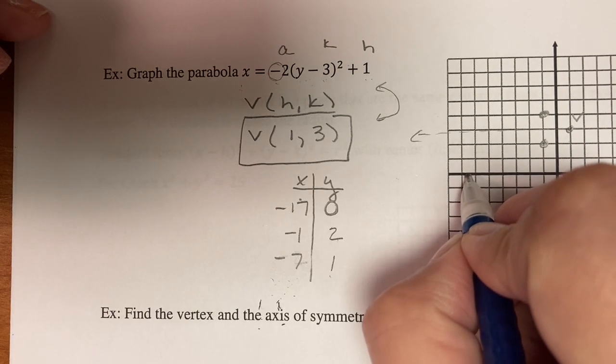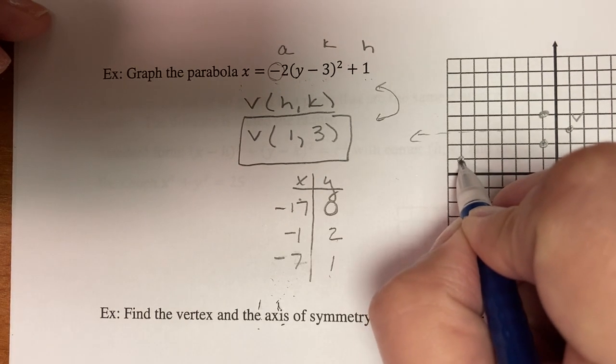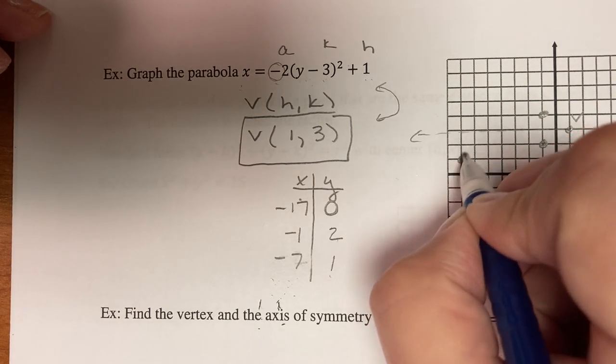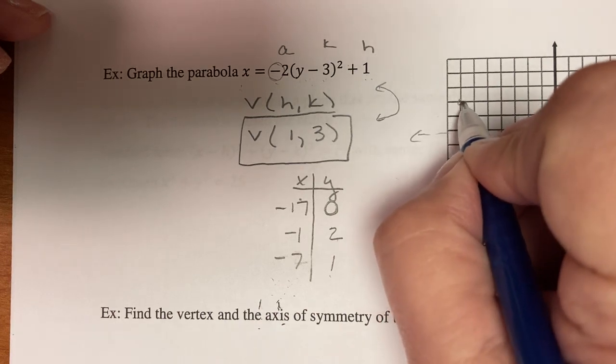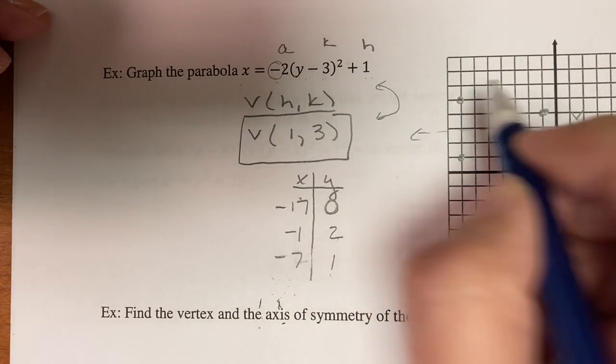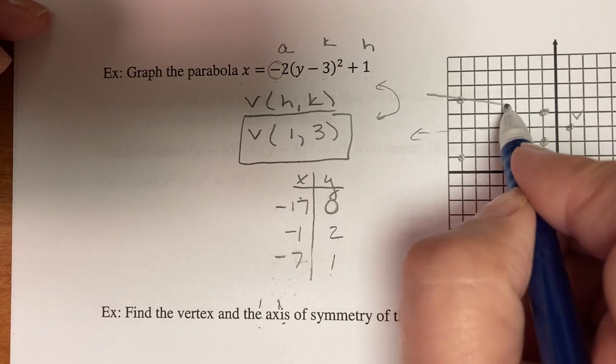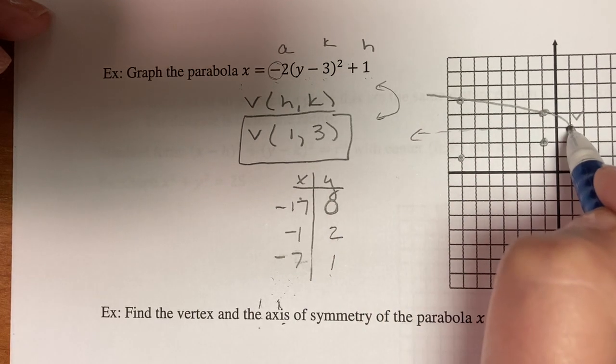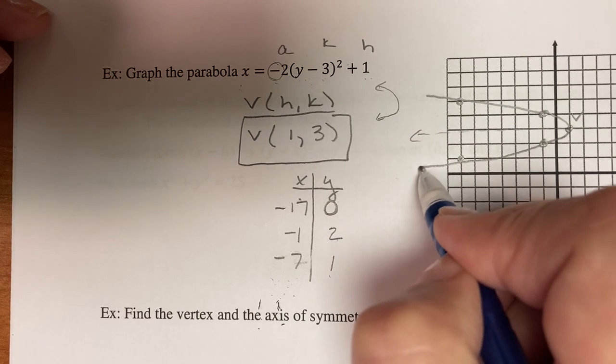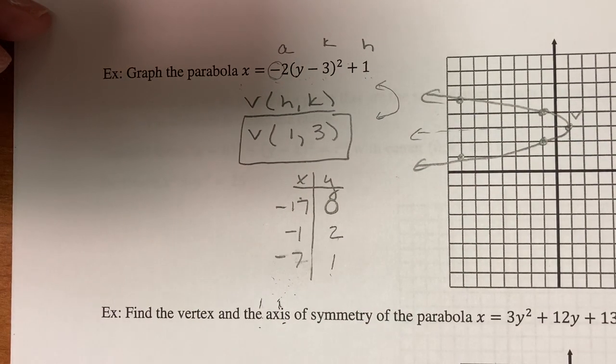So -7, 1 is on this parabola. So again, if we look at this axis of symmetry, we know there's going to be a matching point over there. And do you see you have a nice visual of what that parabola looks like?